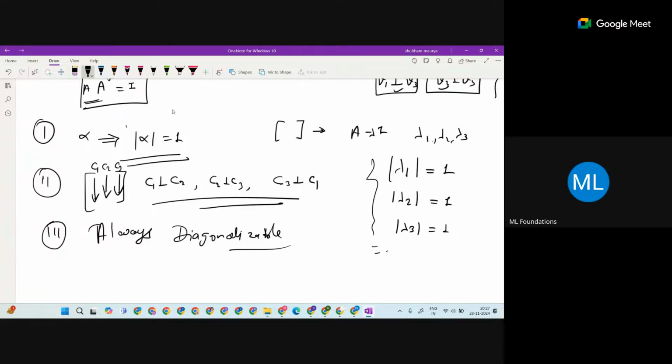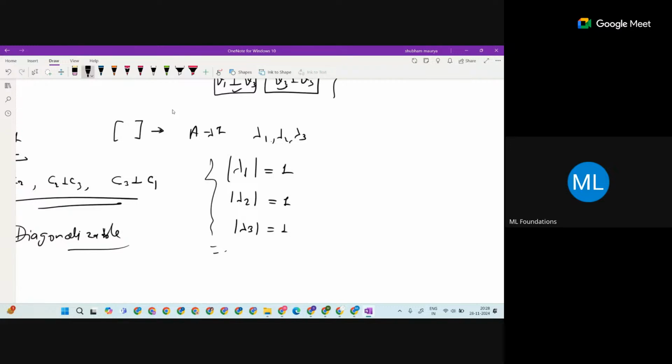So using modulus, we just change the sign? No, modulus here does not mean that.